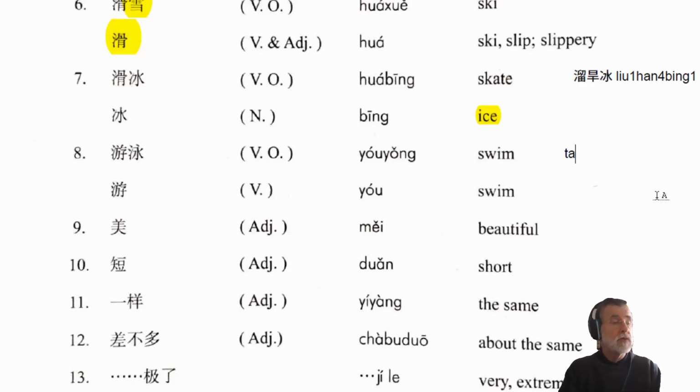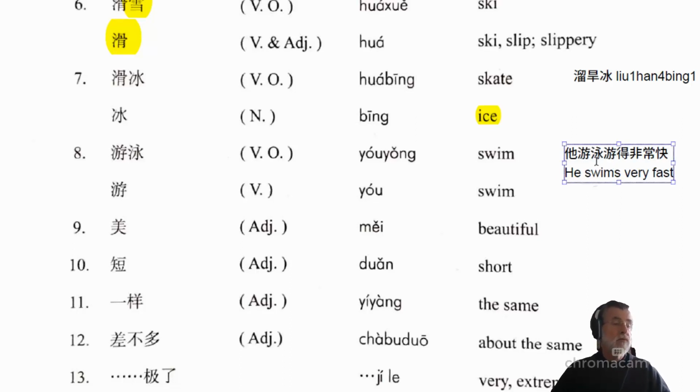So say 他游泳游得 游得非常快. So he swims very fast. Okay, so you can see how we've repeated the verb in that. That's 游泳.